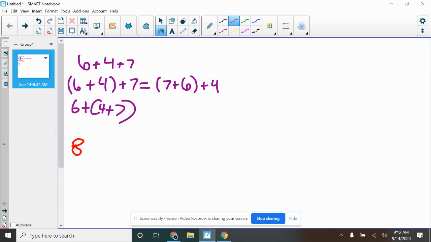Now, I'm walking around and looking at some of your notebooks. I'm noticing that some of you did not group them 2 ways, you only grouped them 1 way. If on a test or a quiz it says to group them 2 ways, make sure you have 2 different ways.